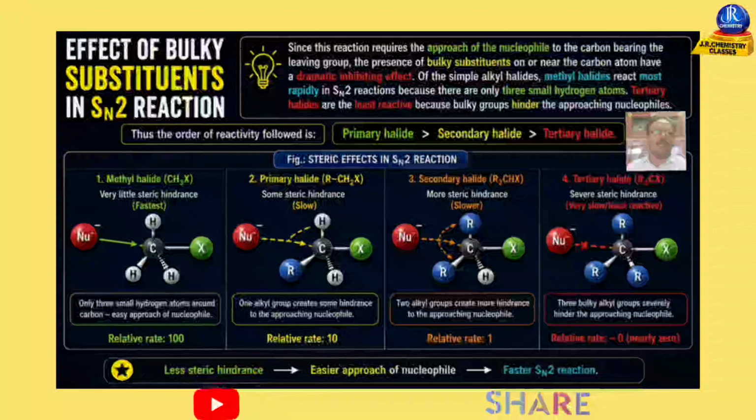Methyl halides react most rapidly in SN2 reactions because there are only 3 small hydrogen atoms. Tertiary halides are the least reactive because bulky groups hinder the approaching nucleophiles. Thus, the order of reactivity followed is primary halide, secondary halide, tertiary halide.